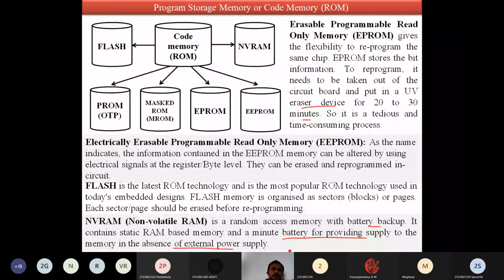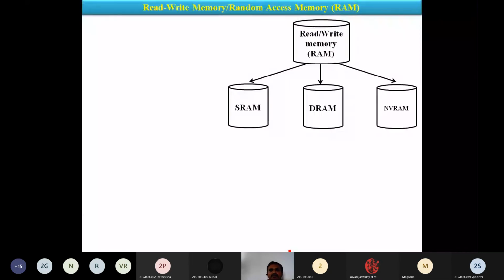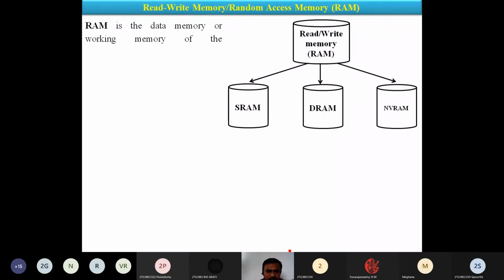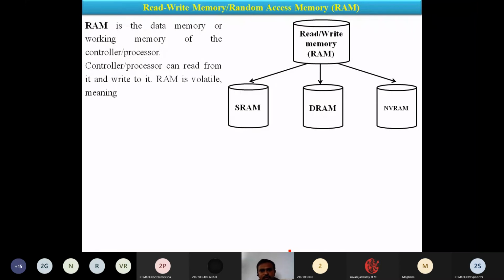Next, if you go for the next memory type, it is RAM, a volatile memory. RAM is the working memory of the controller or a processor. The controller or processor can read from it and write to it.